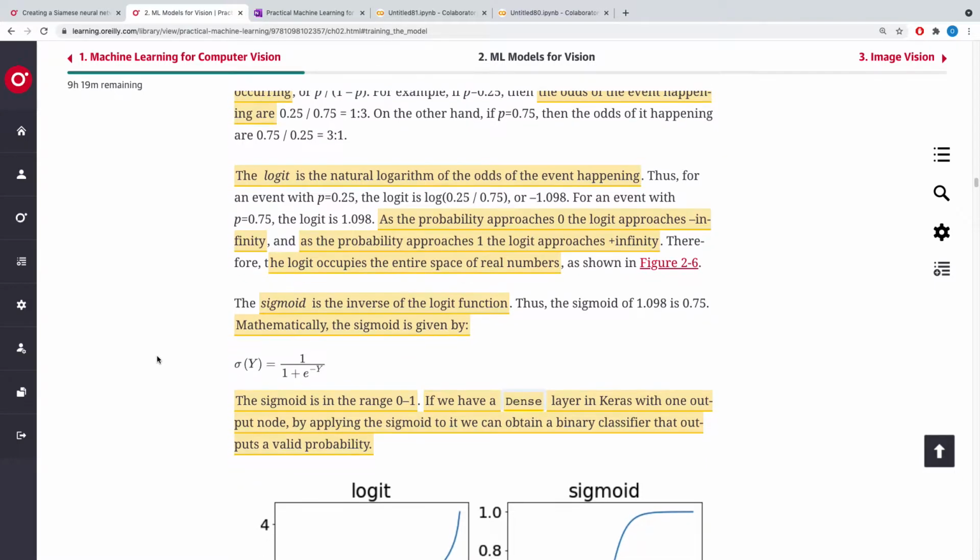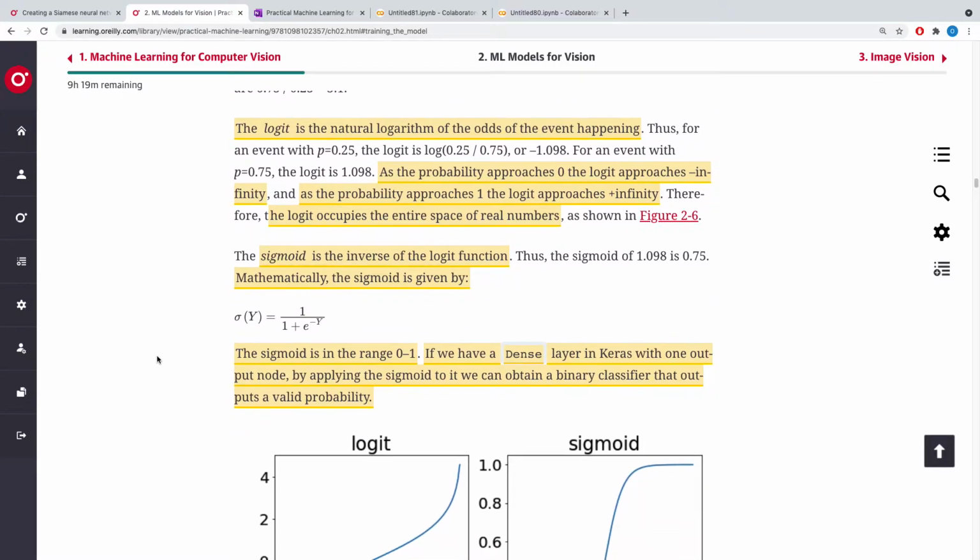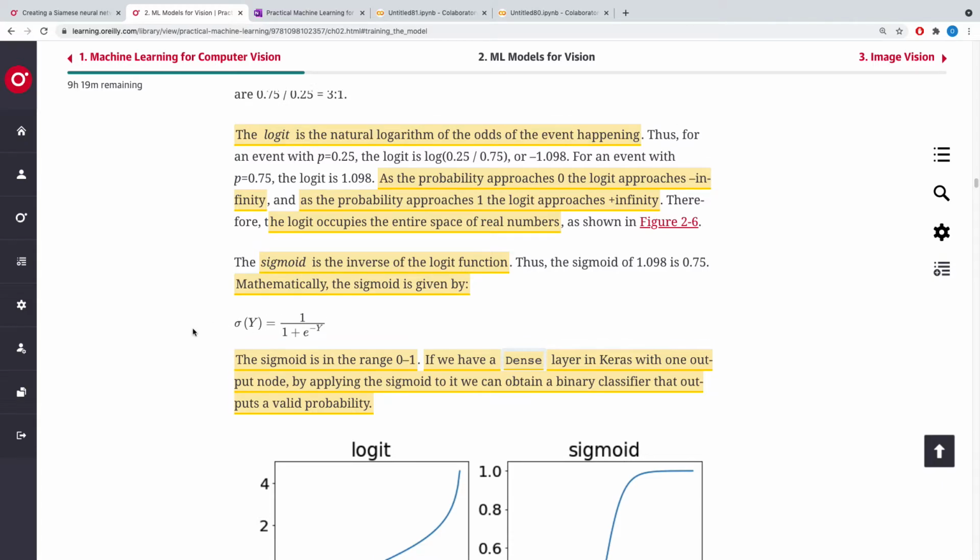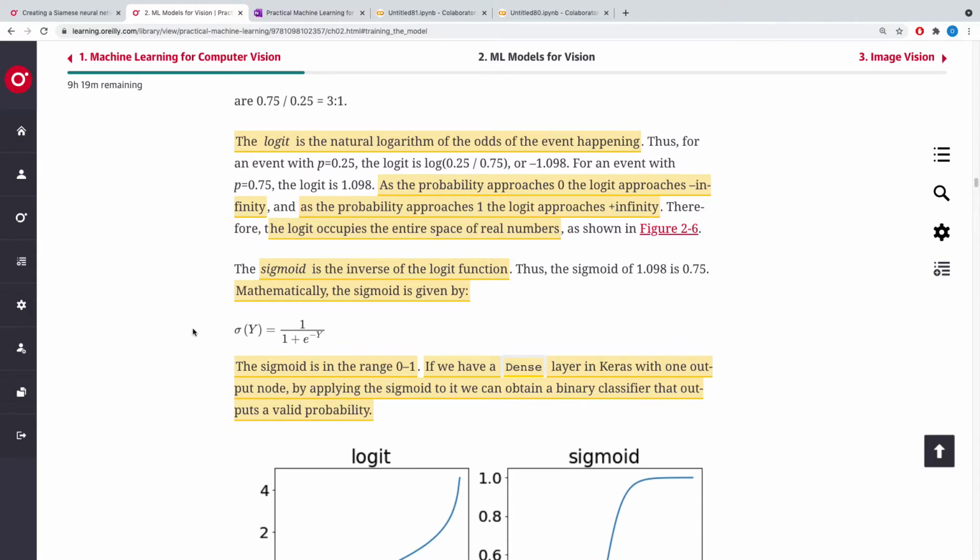So now what we do in sigmoid is this. The sigmoid is calculated mathematically with this. If your input is y, the sigmoid is represented as 1 over 1 plus e raised to the power negative y, where e is the exponential.